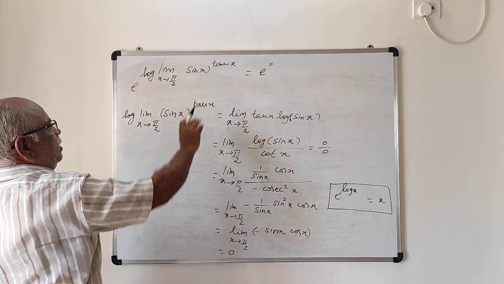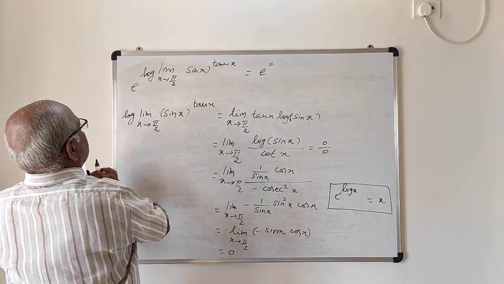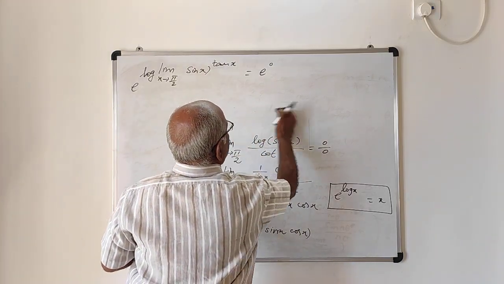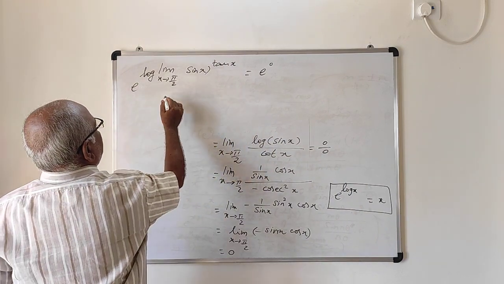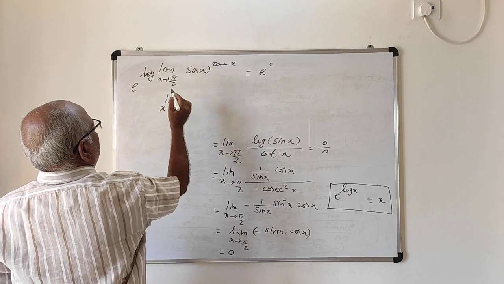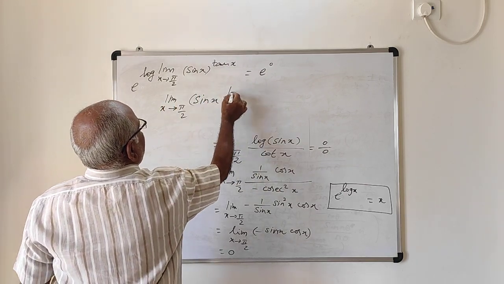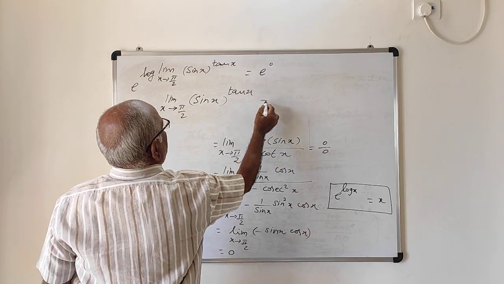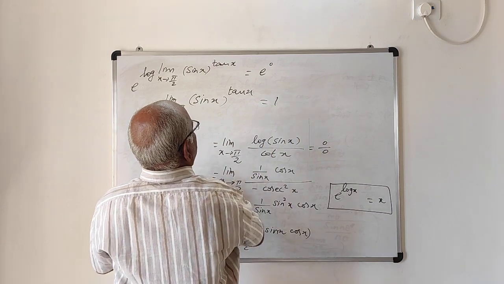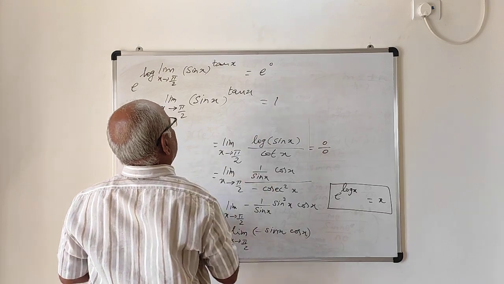What is e power 0? It is 1. Since e power log cancels, the limit x tends to pi by 2 of sin x power tan x is equal to e power 0, which is 1. So the answer for this problem is 1.